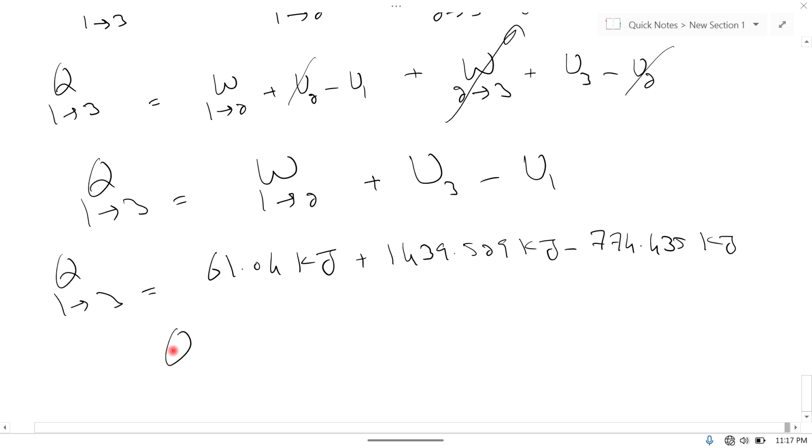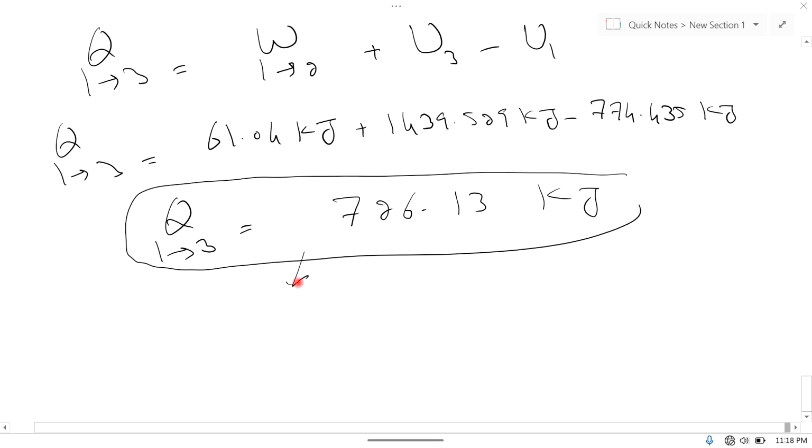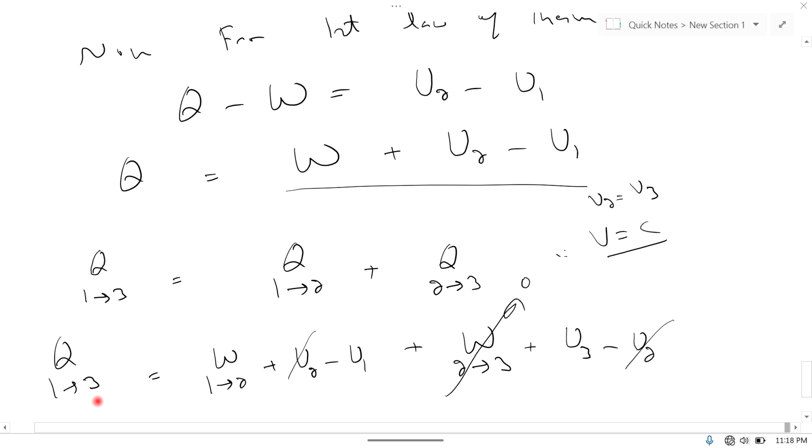Simplifying this value, heat transfer will be equal to 726.13 kilojoule, and the positive sign means that heat is supplied to this system. So this is the end of the problem.